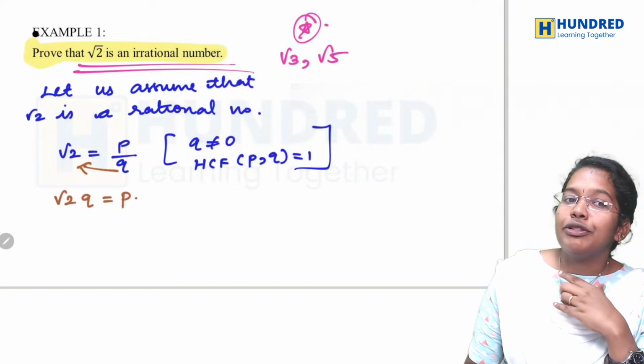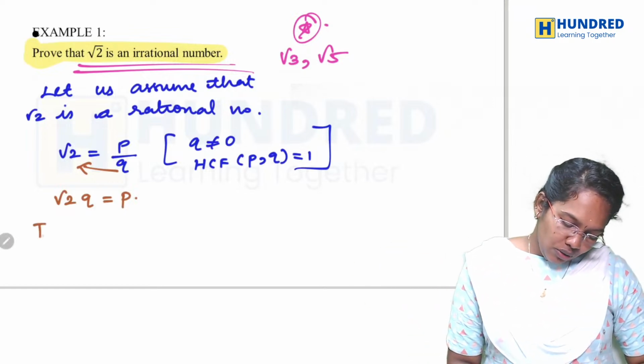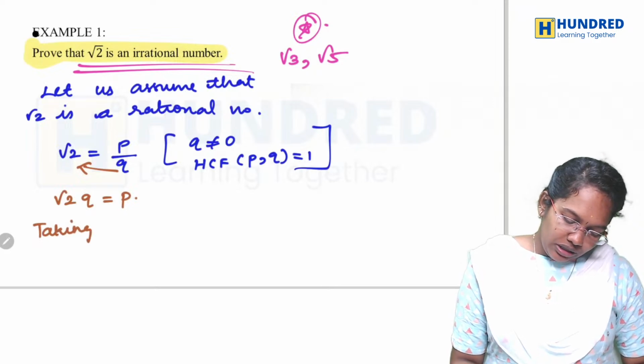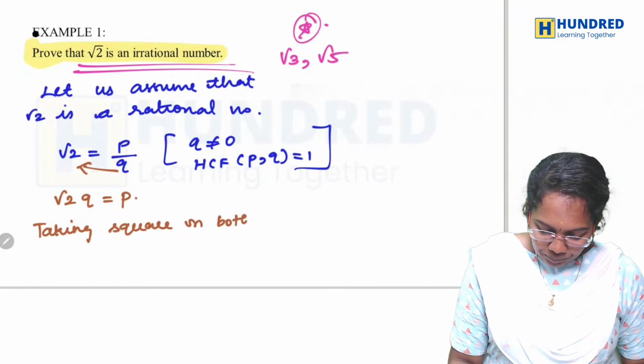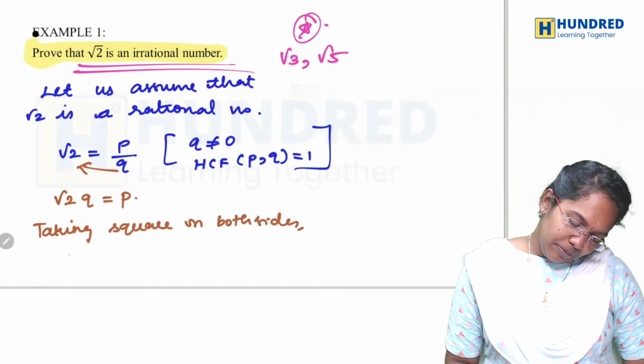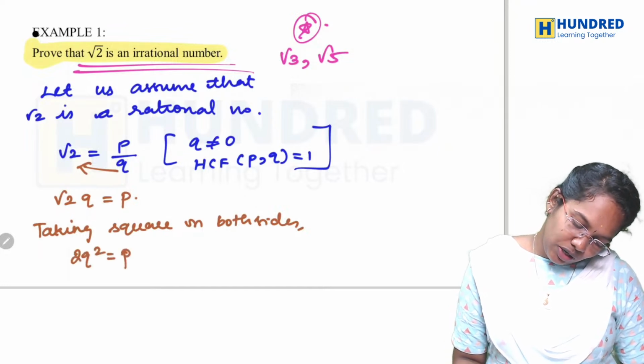Now I'm going to take the square on both sides. So root 2 the whole square is 2 simply, giving 2 into q square is equal to p square.